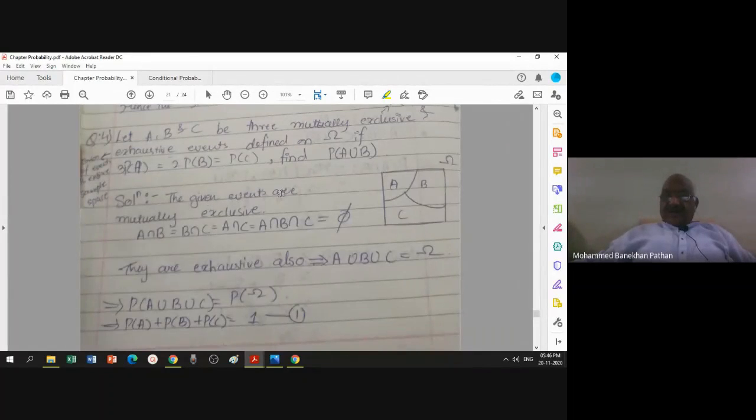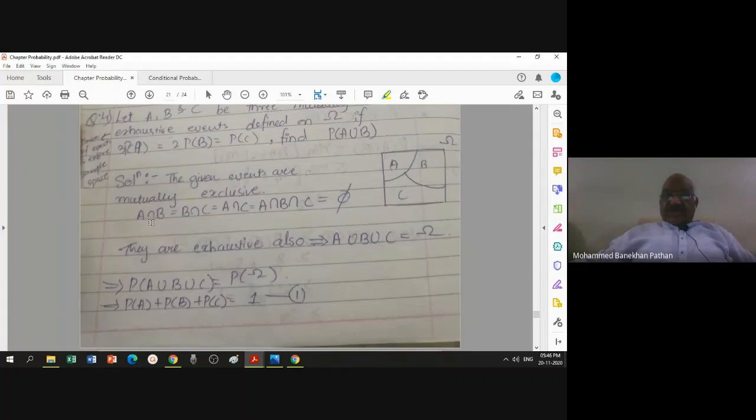The given events are mutually exclusive if there is no intersection. They will be exhaustive if I make a union and it comes to omega. So if these two conditions are satisfied, we call them exclusive and exhaustive.